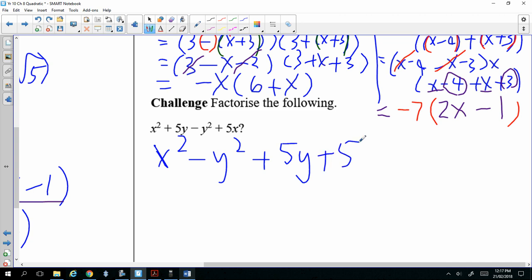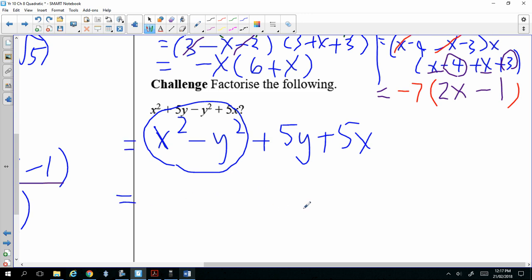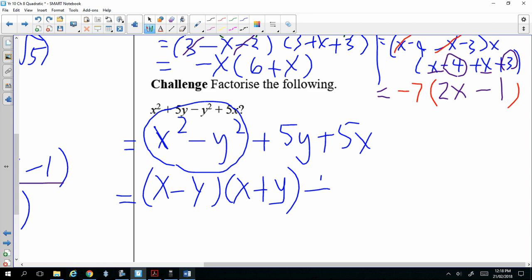Now, how do I factorize x squared minus y squared? What would that be? Yeah, that's a difference of two squares we just learned before. And the second one, there's a common factor of 5. And we got this. Okay, now, is there a common factor now?